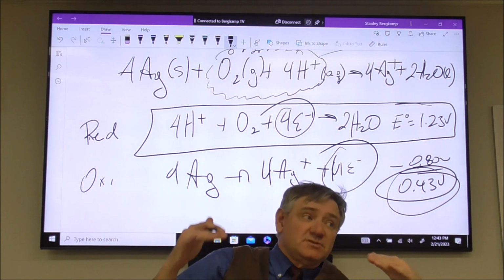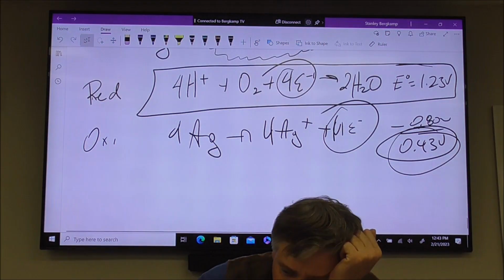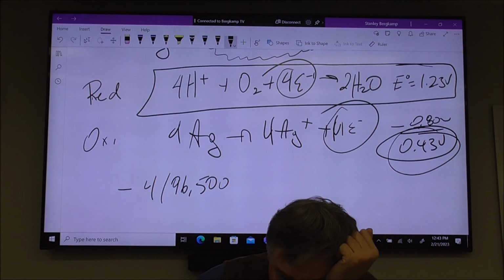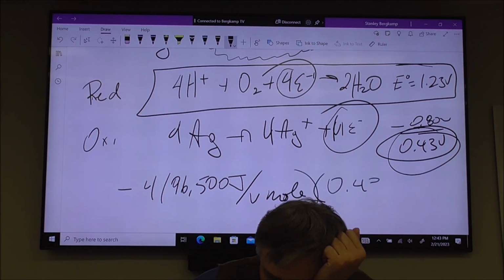And remember, volts are joules per coulomb. So if we do this, we're going to take negative 4 times 96,500 joules per volt mole, which is an odd combination, but it works. And then we get 0.43 volts.